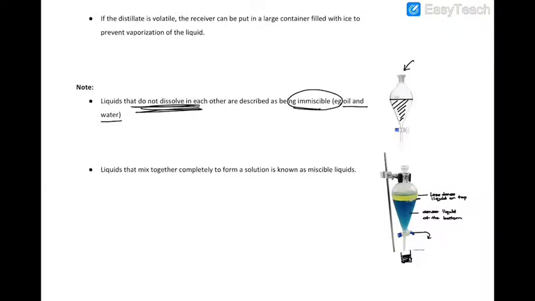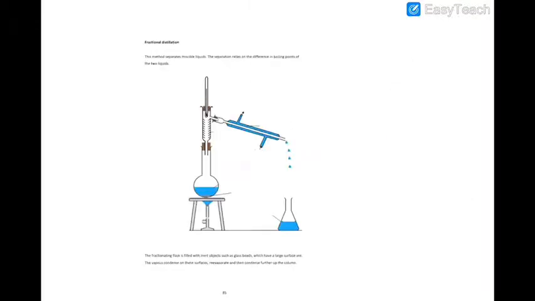Now, when liquids mix together completely, these are known as miscible liquids. When liquids are miscible, we use something known as fractional distillation. Fractional distillation is a method that uses the difference in boiling points of the liquids to separate them.